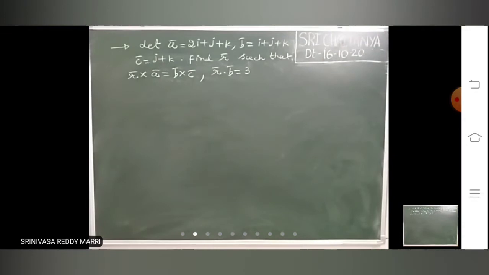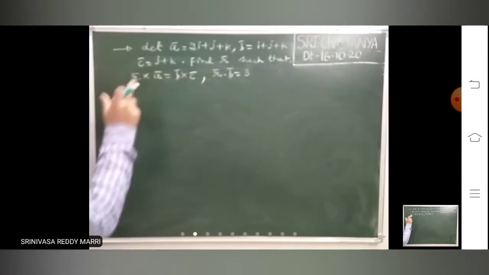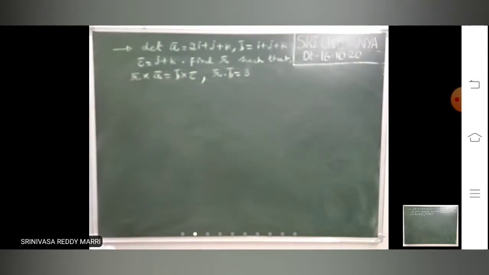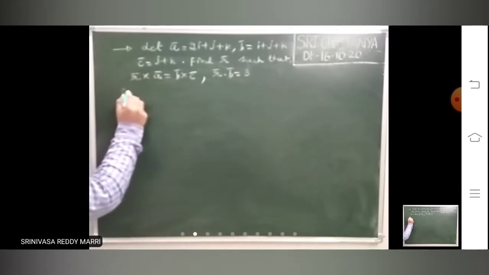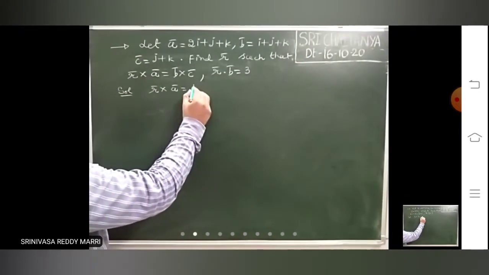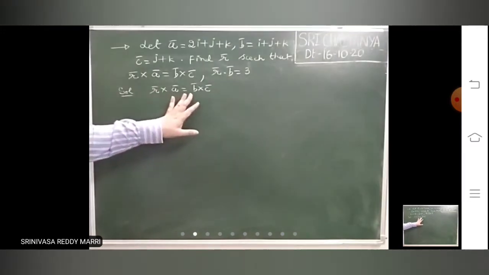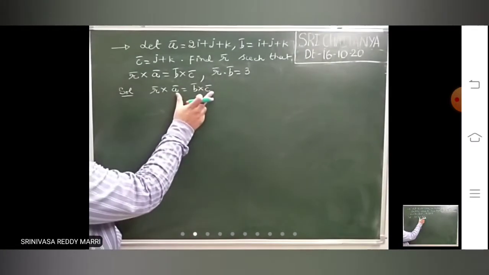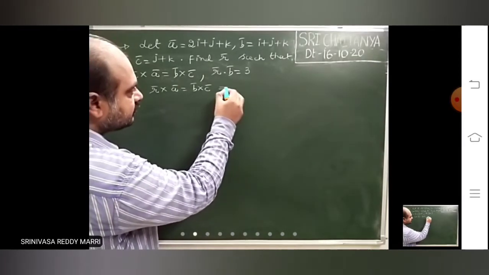Look at it. So there is a vector equation like this, right? So you have to find R bar. Such type of equations are given. On both sides you can do cross product or dot product with any vector.